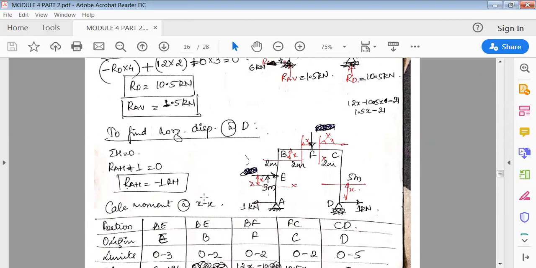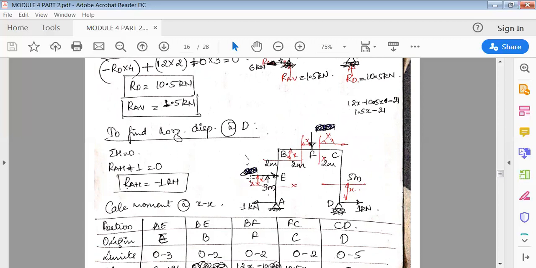Next is to find the horizontal displacement. If you want to find the horizontal displacement at D, at D I'll put a 1 kilonewton force. You just put it to the right side because it is positive. Now calculate RAH: 1 kilonewton is acting to the right side, so to stop this, RAH will be acting to the left side, equilibrium state.